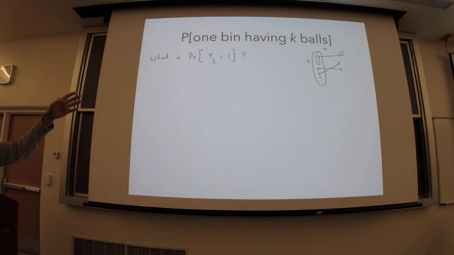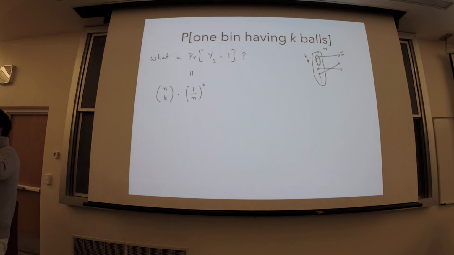So you can do the same thing now. There was nothing very sacred about 4. You can do it with any k. So this is exactly equal to n choose k, which is the number of k tuples you can choose, times, you want everyone in that k tuple to go to bin 1, which happens with probability 1 by n to the power of k.